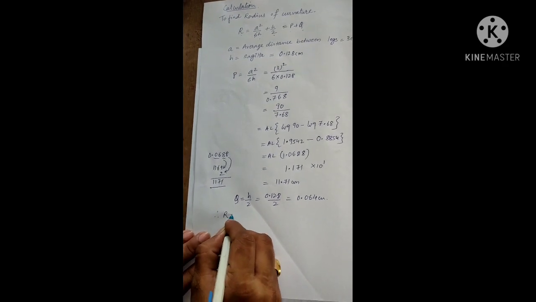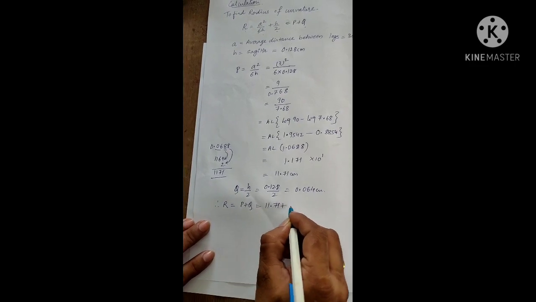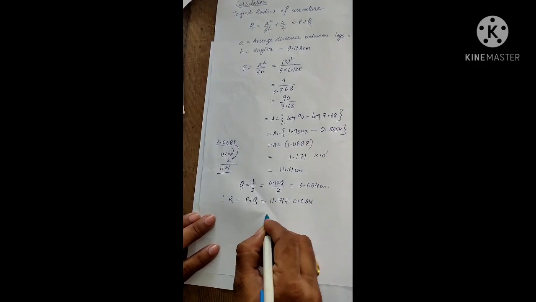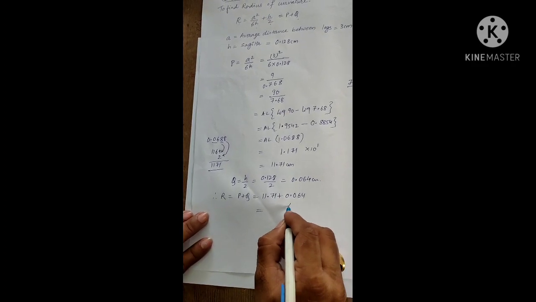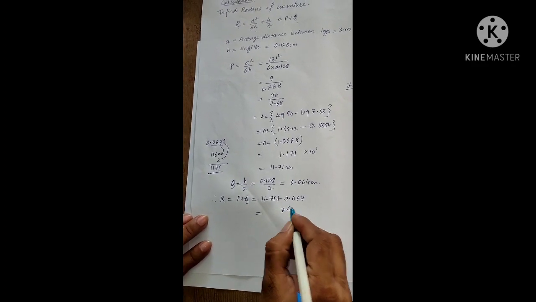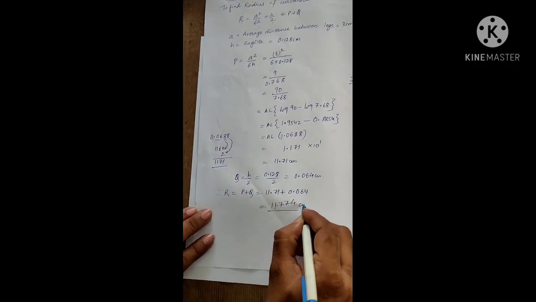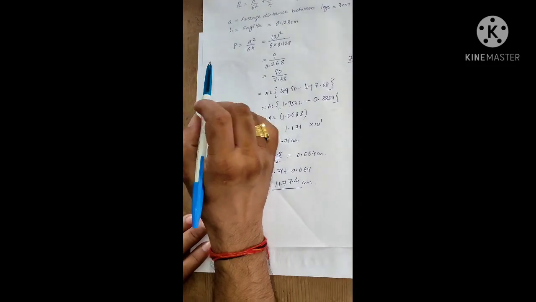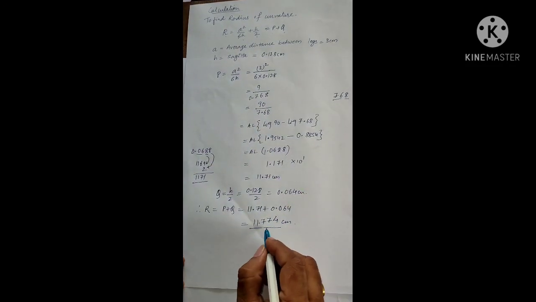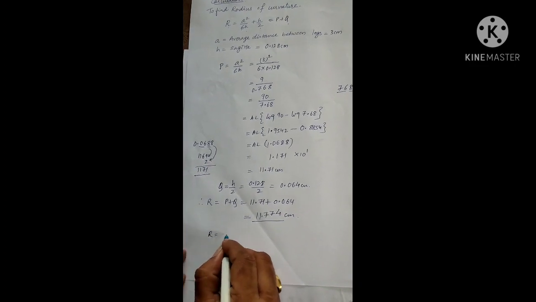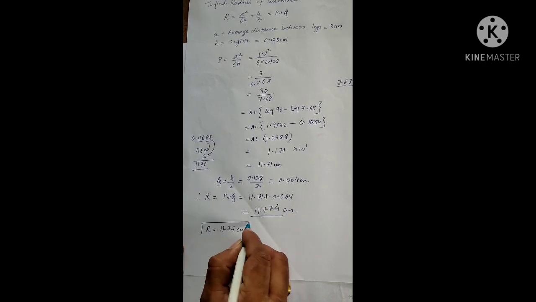Therefore the radius of curvature r is equal to p plus q, which is 11.71 plus 0.064. Adding, 4, 6 plus 1 is 7, so it is 11.774 centimeter. That is the radius of curvature of that spherical surface, 11.77 centimeter.